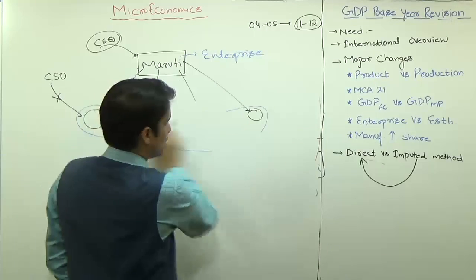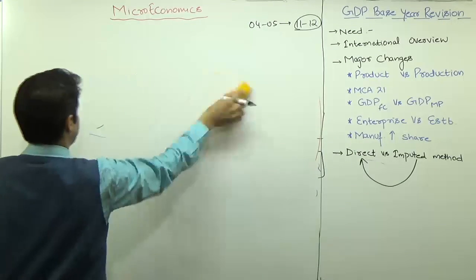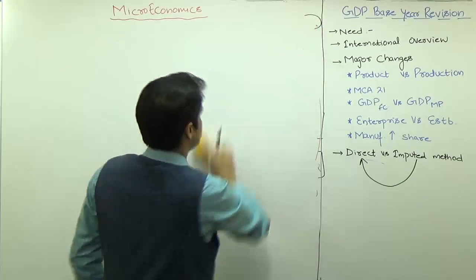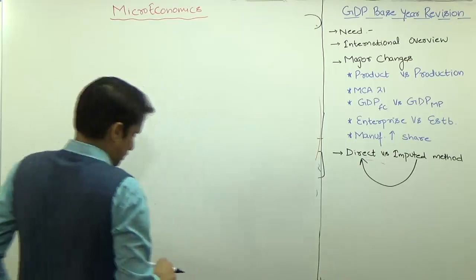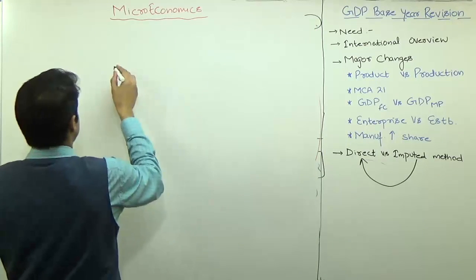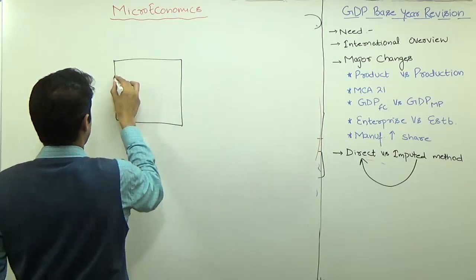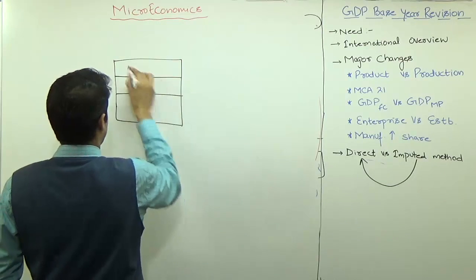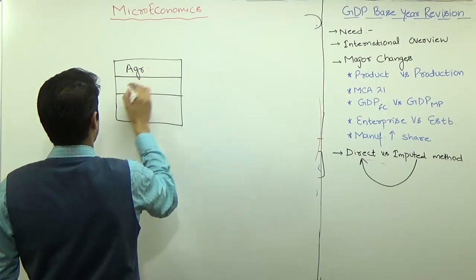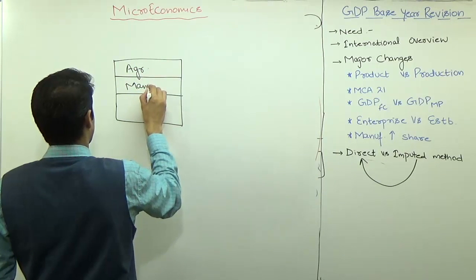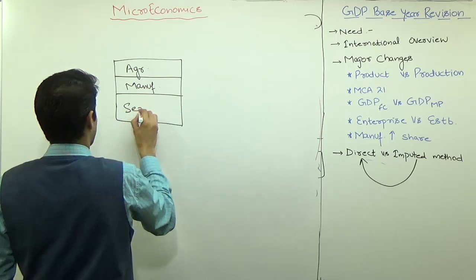And the next one is that the share of manufacturing has increased. In any economy there are 3 sectors. We have agriculture, we have manufacturing, and we have the service sector.